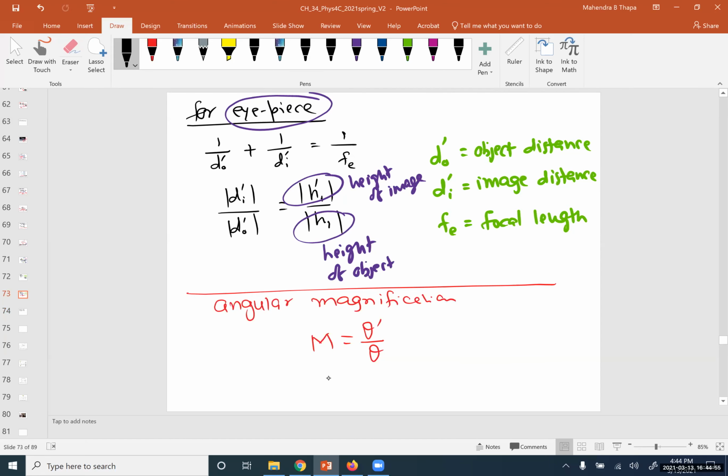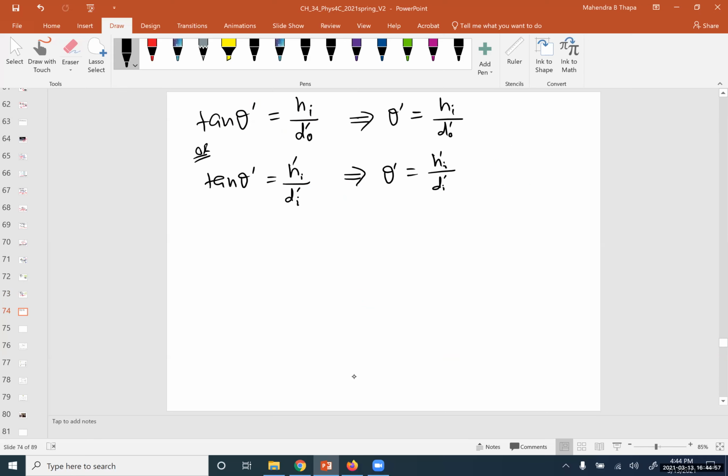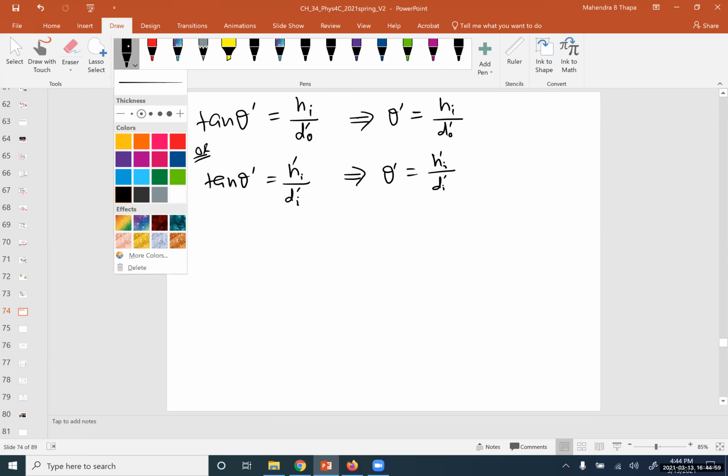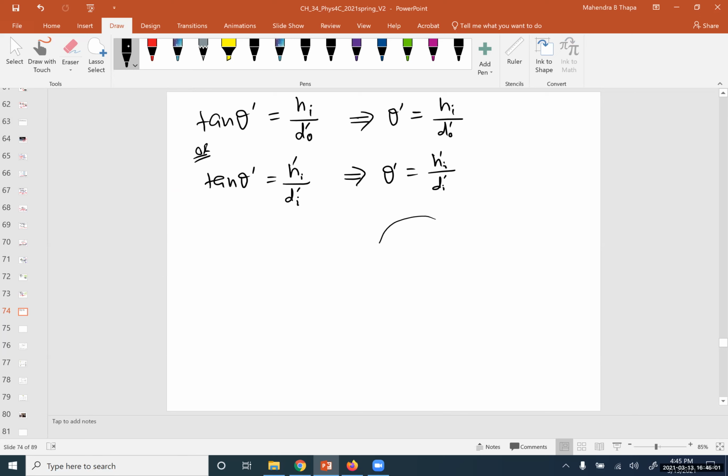So the next job is how to find theta. Okay, so theta, if you remember, if I draw the eye lens over here, this is my eye lens, and this is the retina.